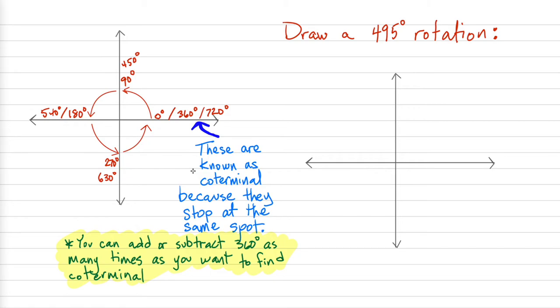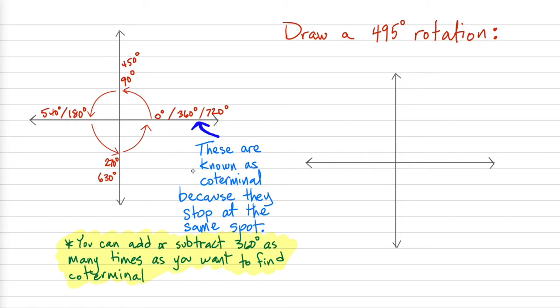Coterminal angles, that is a word you'll need to know. Coterminal just means that it's two angles that are at the same location. Because you can keep rotating as often or as far as you want, frequently you'll run into two of them that stop at the same location.